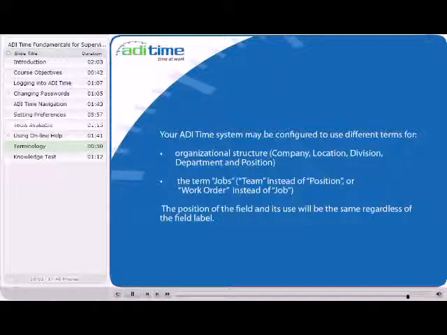Your ADI time system may be configured to use different terms, such as team instead of position, or work order instead of job. This means that the terms you see on the screen may not exactly match the terms you see on example screens and documentation. However, the position of the field and its use will be the same regardless of the field label.